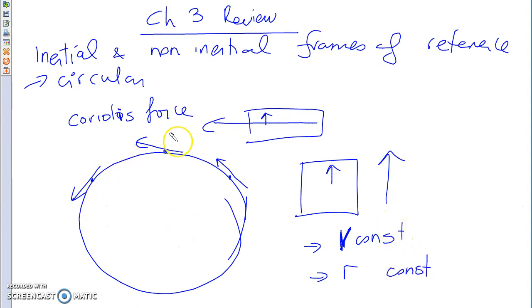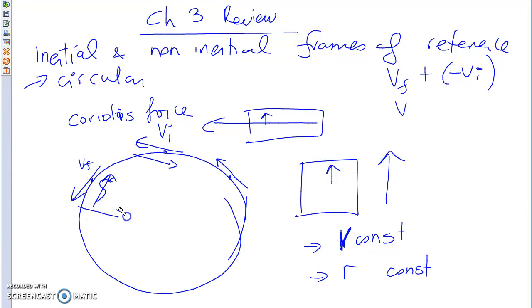Now, for example, you have an object that is moving in a circle, going from here to here. This is your VI, this is your VF. For vector subtraction, we said it's VF plus negative VI, so we change the direction of VI.